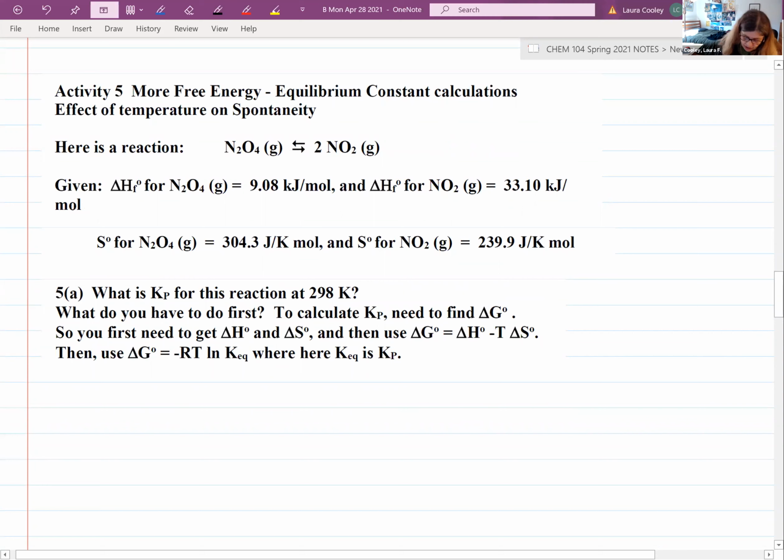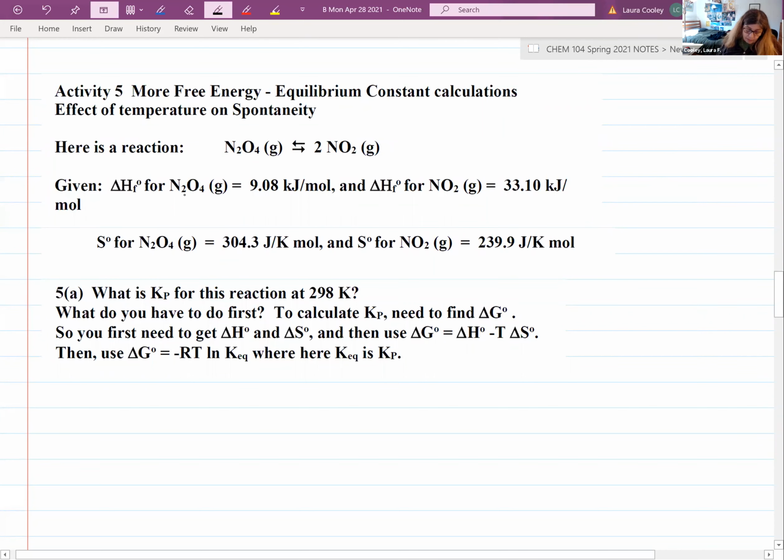I love this reaction. I use this reaction in PChem a lot, and I've used it in this class before. The N2O4 reaction to form NO2. I could write it either way, but here I've written the N2O4 breaking up into 2 NO2 molecules.